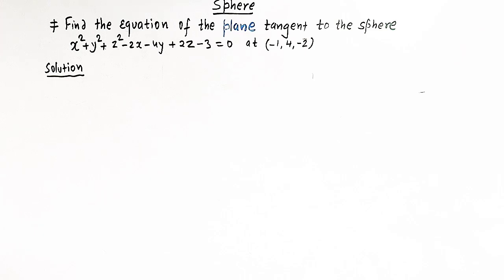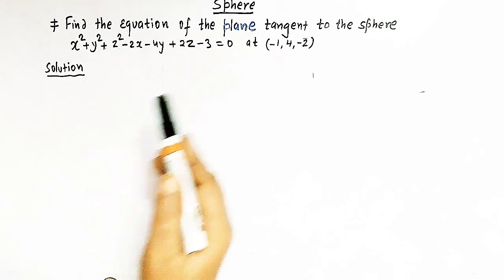Hello viewers, in today's session we are going to discuss another important concept from sphere, and here we are going to discuss the concept of tangent plane to a sphere at a given point, right?